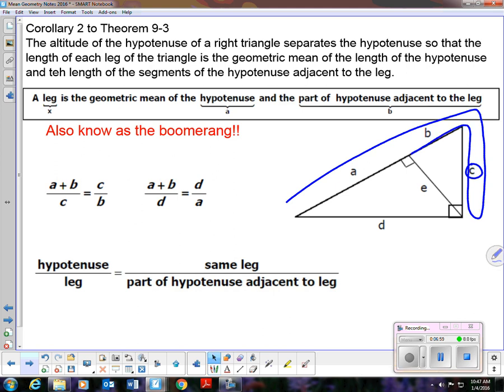Or we can go the other way with the boomerang, going to the other leg. It looks like the shape of a boomerang. So we have the leg, which is the geometric mean, the same number used twice, and then the whole hypotenuse and the part closest to that leg that you're trying to work with.